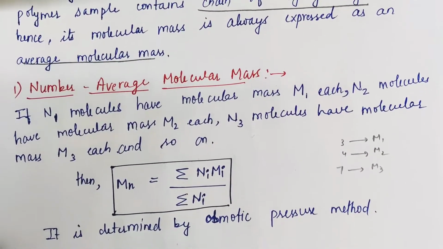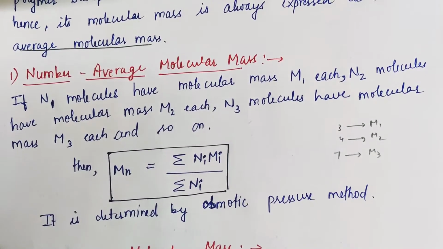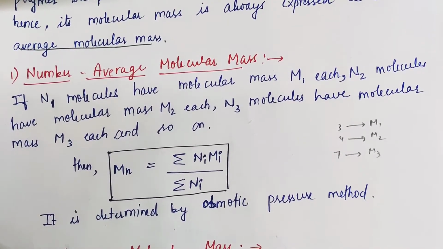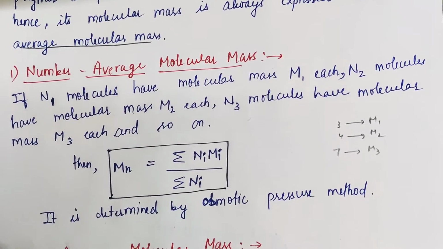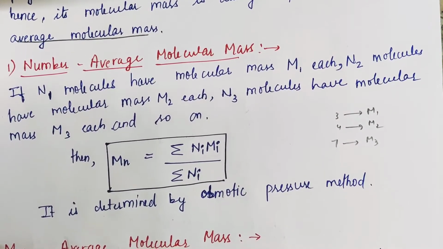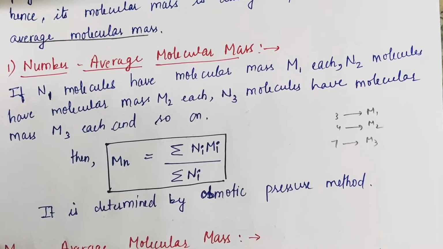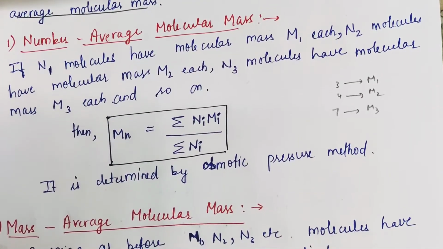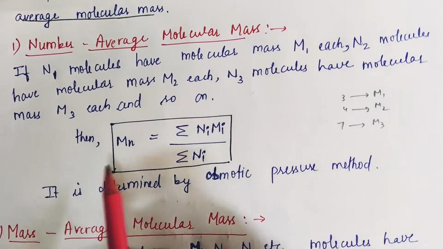Let's say we have N1 molecules which have a molar mass M1, N2 molecules have M2, N3 molecules have M3, and so on. So the number average molecular mass is defined by this formula.